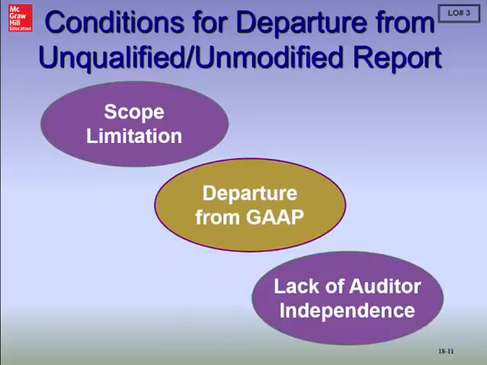Up to this point, we've talked about the financial statement audit from the perspective of issuing what we call an unqualified or an unmodified report. We, in fact, may need to depart from this if we have a scope limitation, if there is a departure in the financial statements related to compliance to GAAP, or if the auditor has a lack of independence.